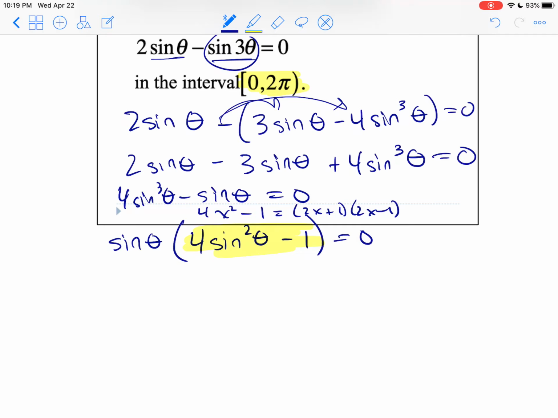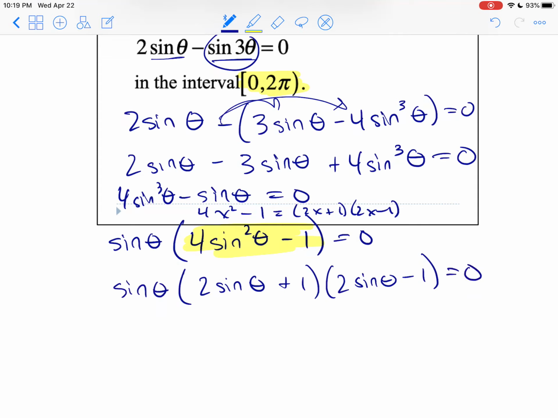So 4 sine squared theta should factor as 2 sine theta plus 1, 2 sine theta minus 1. And we still have this sine theta out in front. And this is all equal to 0. And since we're multiplying 3 things together and we're getting 0, the zero product property is at play here.